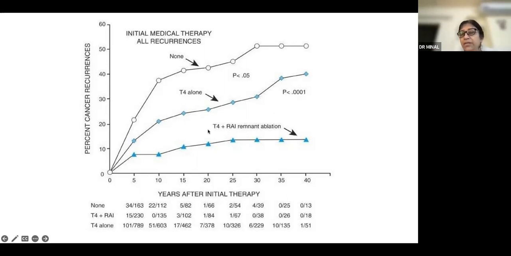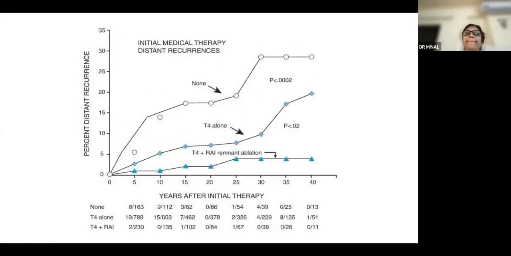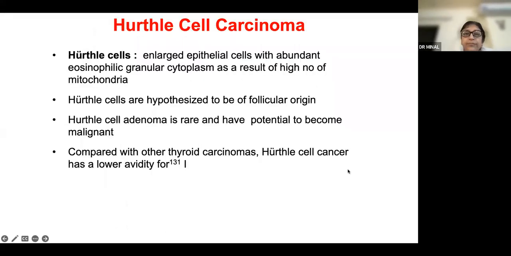And once you replace thyroxine, keep it below 0.1 for the high risk group. Now, the percentage of data which has shown the distant recurrence, again, the distant metastasis rate was lower in the group which was given thyroxine plus radioablation after surgery.